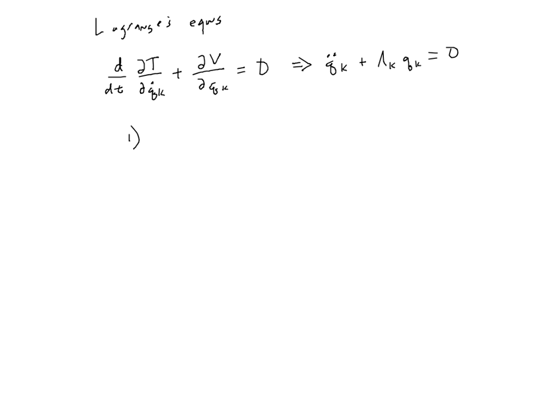And so what happens is you get either the eigenvalue is greater than 0. In that case, if it's greater than 0, you solve the differential equation. You get qk is equal to some value times the sine of omega k t plus delta k, where omega k is equal to the square root of lambda k.